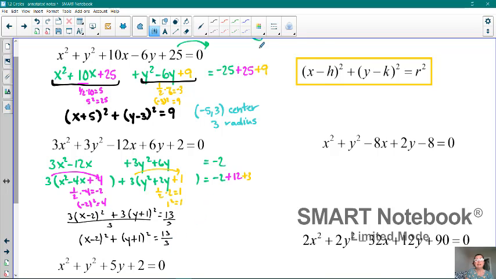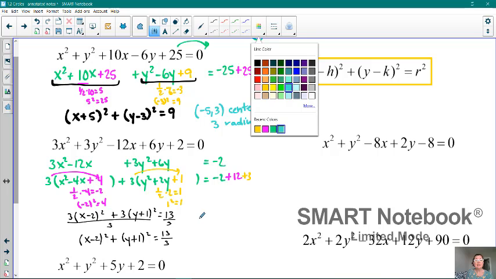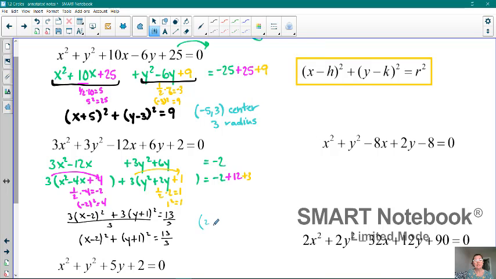So we see now that the center of this circle is 2, negative 1, and we see that the radius of this circle would be the square root of 13 thirds. If you want to rationalize that, it's not a bad idea. That's going to be the square root of 39 over 3 is our radius.